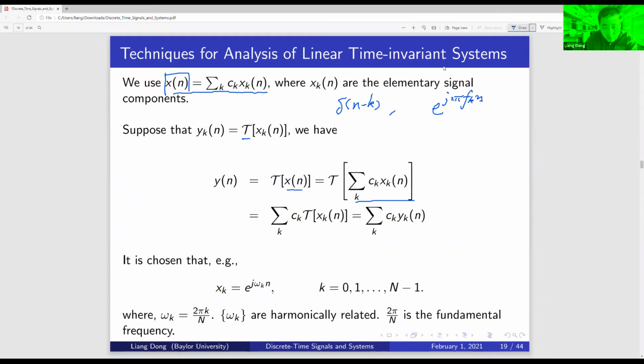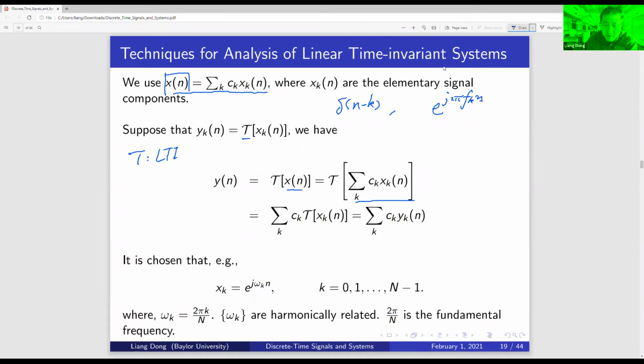And this transformation or operation is linear time-invariant. It's linear, therefore I can pull the summation out of the operation. Then the operation works on each individual input, x sub k. c sub k is a constant weight, so I can also pull that out of my operation.